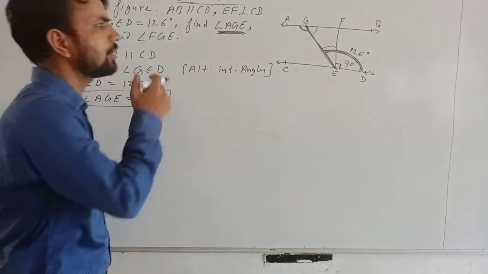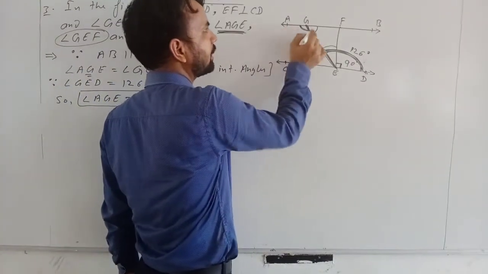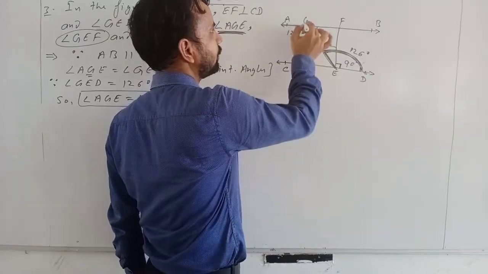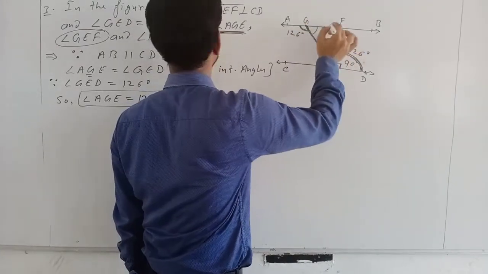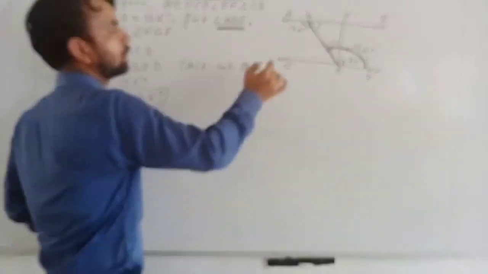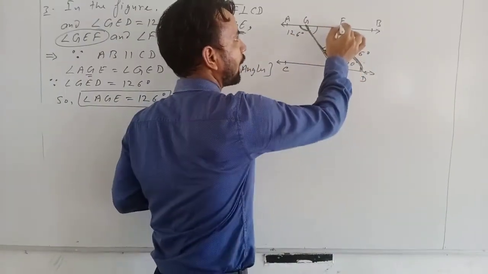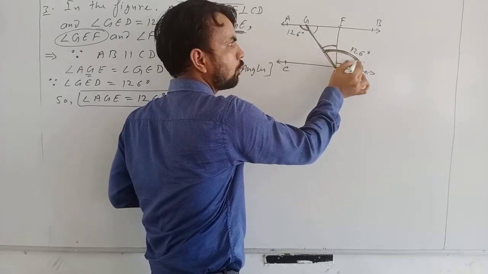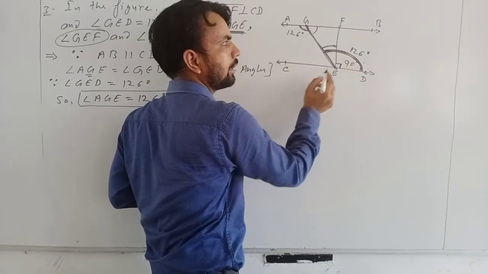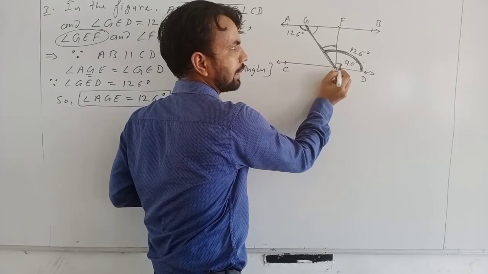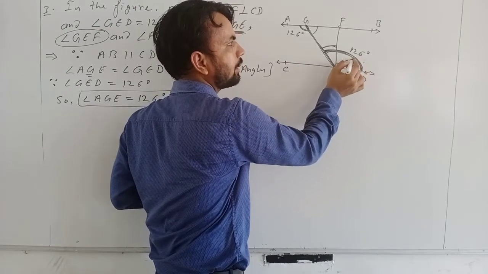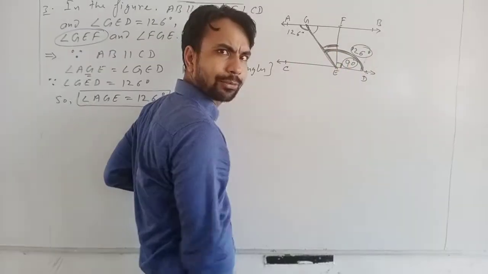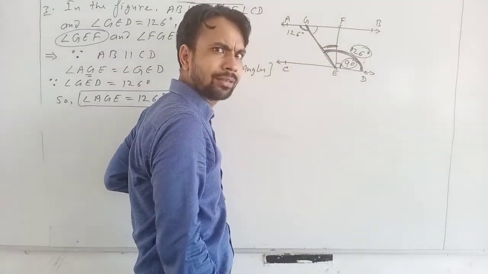But where is GEF? Now GEF is this angle. Because this whole angle is 126 degrees and this angle is 90, if we subtract 90 from 126, then we will get this angle. Am I right? Yes.